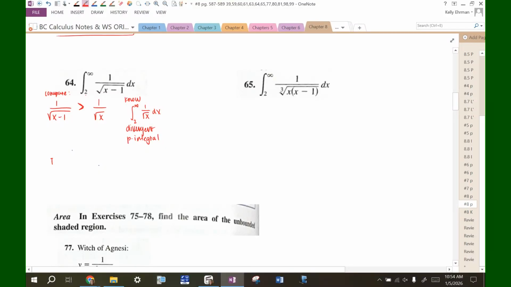And so by DCT, if this one is decreasing too slowly and continues to collect area, then the one that's going even slower, sitting above this graph, will also be too slow. So by DCT, this integral from 2 to infinity of 1 over radical x minus 1 dx also diverges.